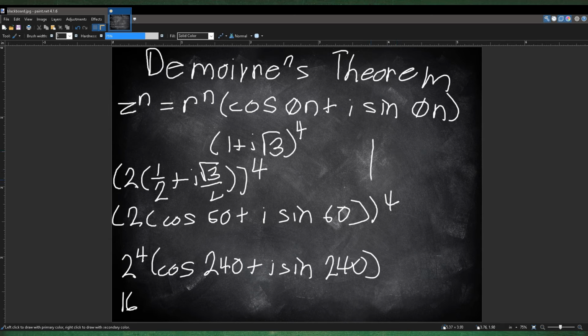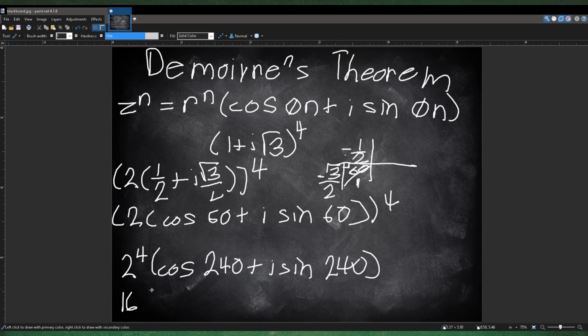If we draw the graph out, this is 180, so you make an angle here with an extra 60 degrees. 180 plus 60 is 240. Since this is in the third quadrant, both of them are negative. If this is radius 1, it's a right triangle, and the opposite of the 60 degrees is negative √3/2, and this is negative 1/2.